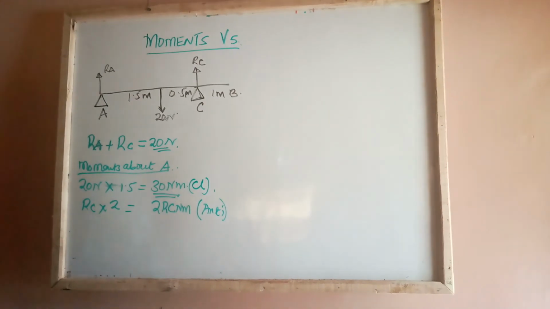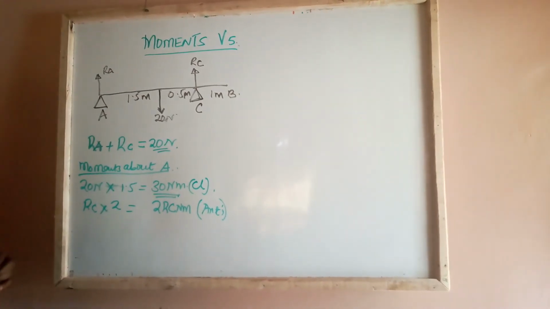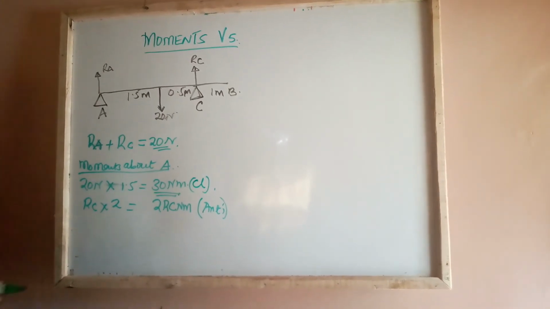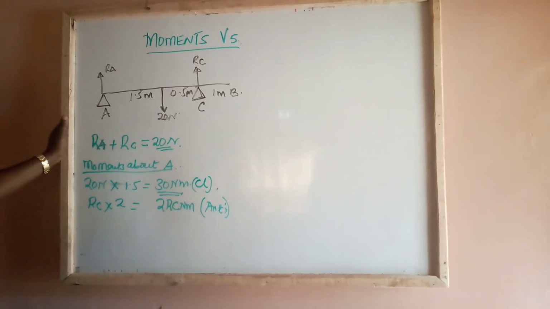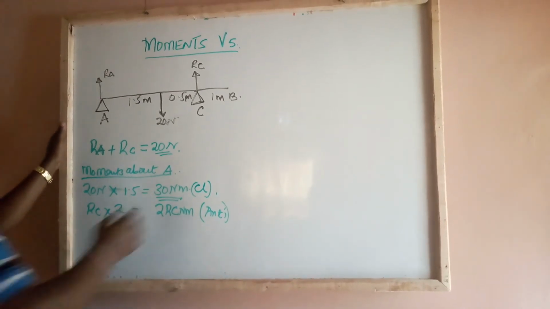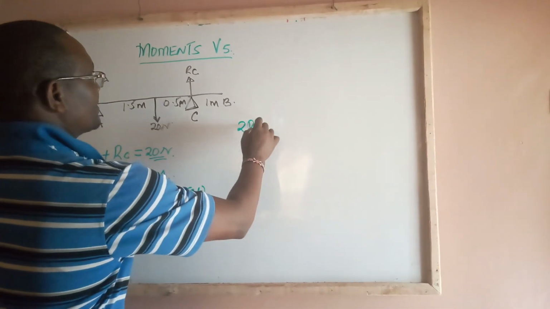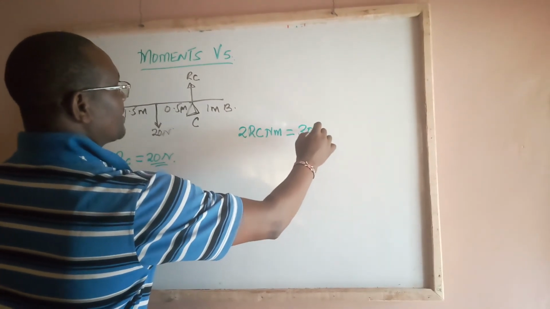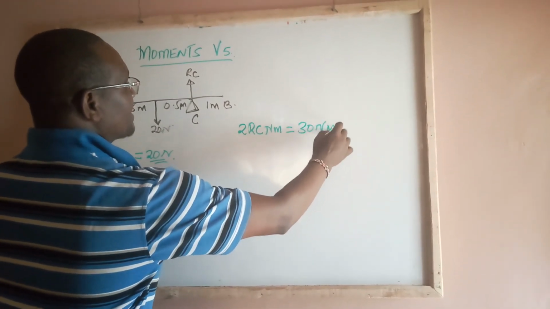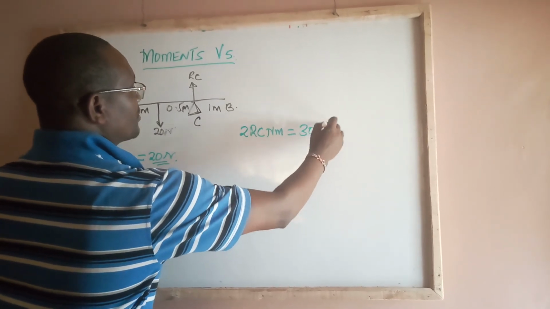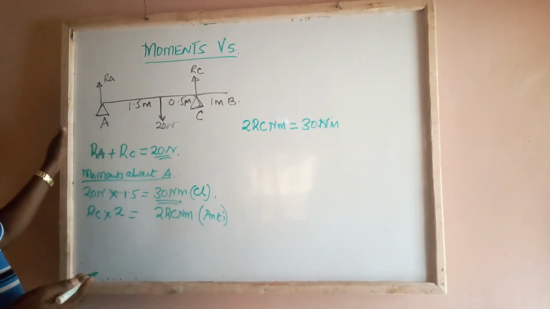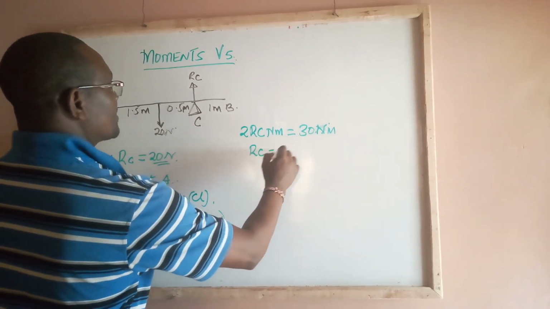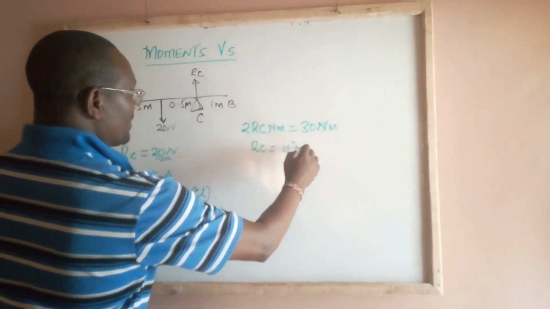And because the rod is at equilibrium, the moment clockwise is always supposed to be equal to the moment anti-clockwise. So 2 RC newton meters is equal to 30 newton meters. We just have to divide by 2 to get the value of RC. RC is equal to 15 newtons.